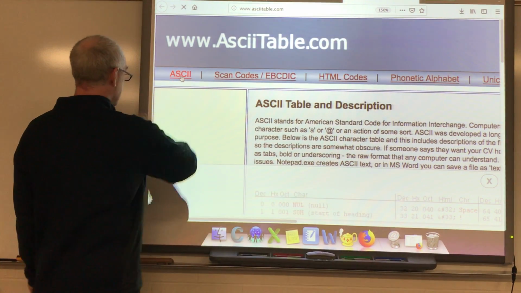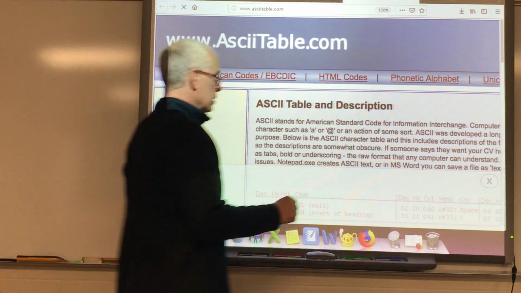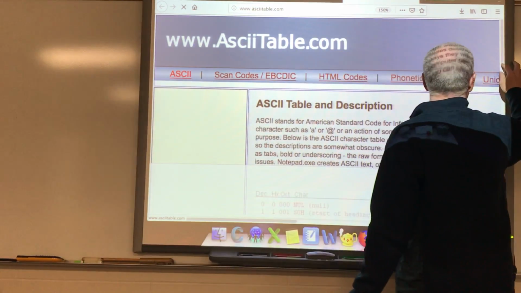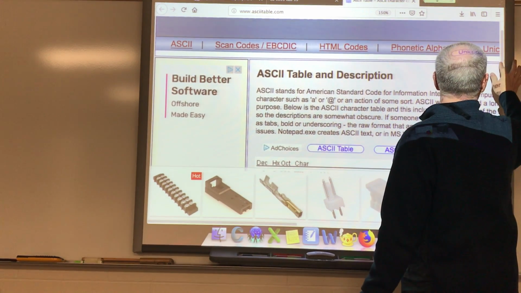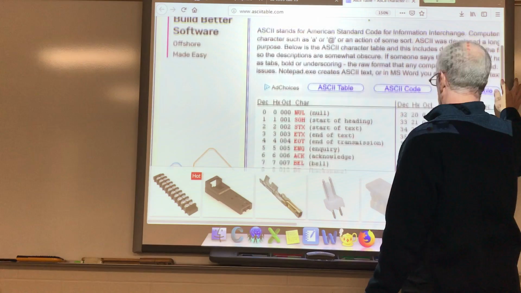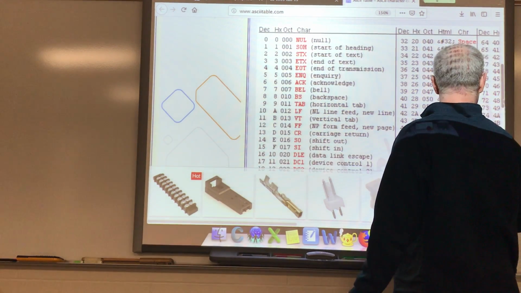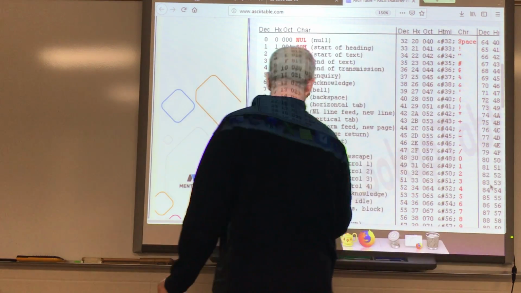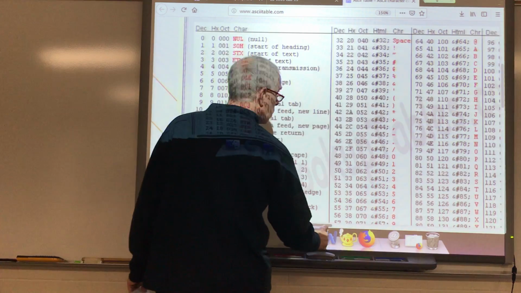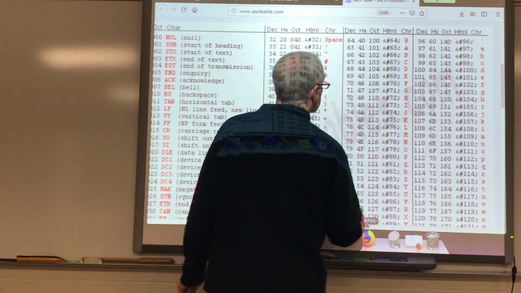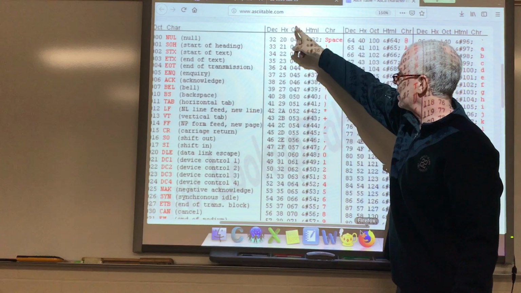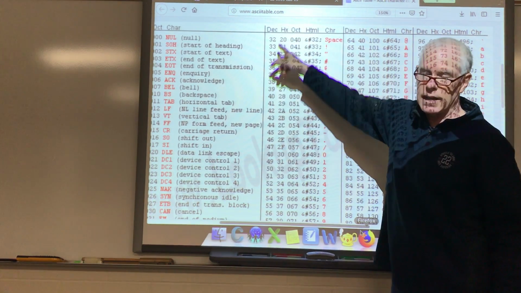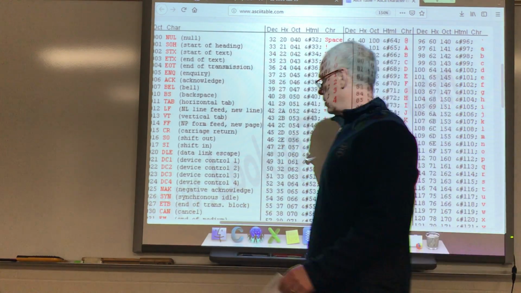We click on ASCII, and I'm just going to move this up so we can see it a little bit better. And this is what your ASCII table looks like. Now you'll notice there's a column for decimal, hexadecimal, octal. We're going to look at the hexadecimal column in ASCII, okay?